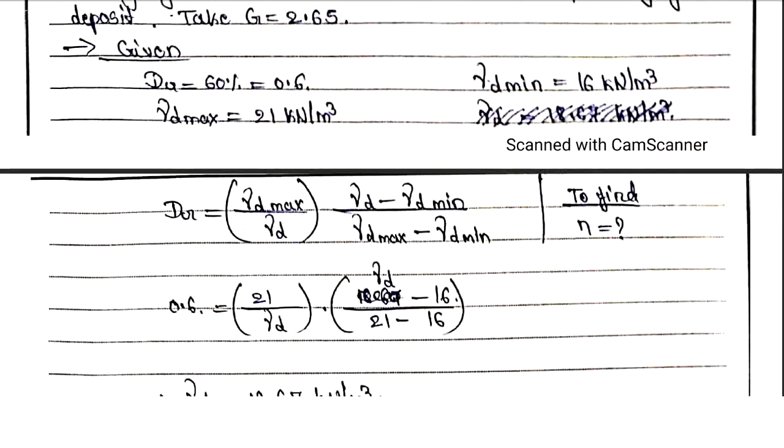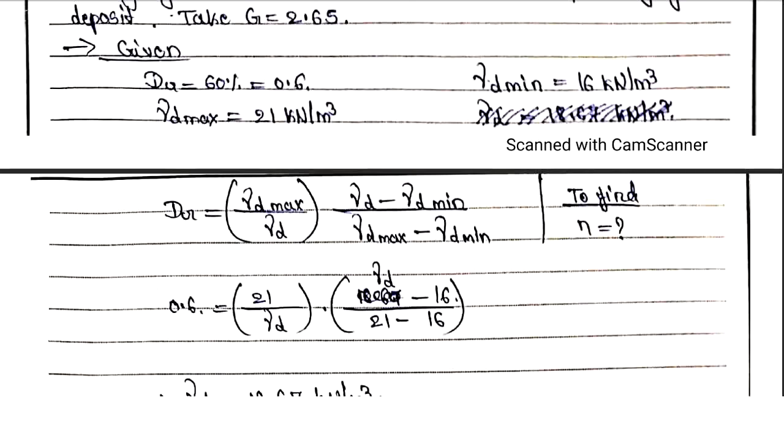You can see over here I have substituted the relative density as 0.6. γd max I have substituted as 21, γd I have kept as it is, and γd minimum I have substituted as 16.